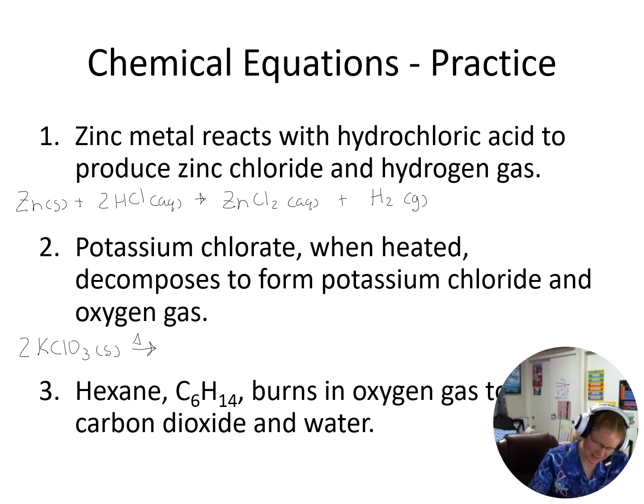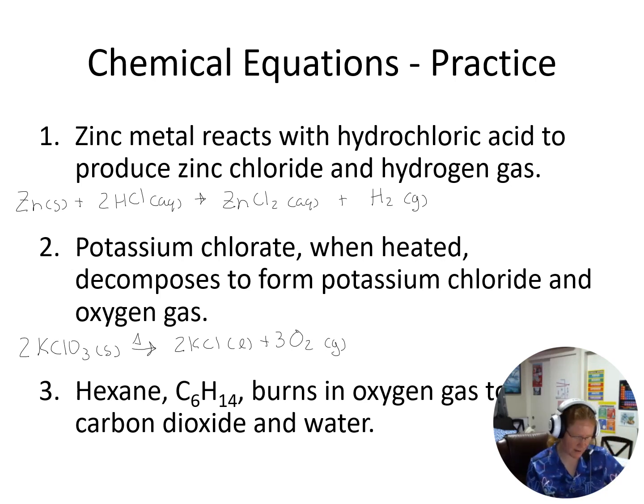Okay, let me get that too. That's our potassium chloride. And again, oxygen's another diatomic. So oxygen gas is O2. All right, and then we've got some hexane burning in oxygen gas, giving us carbon dioxide and water.